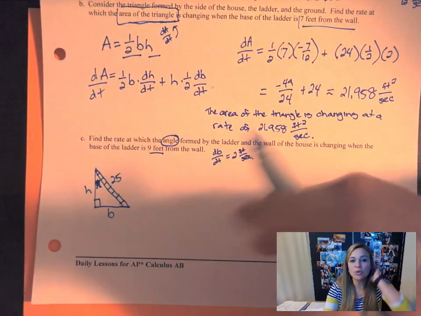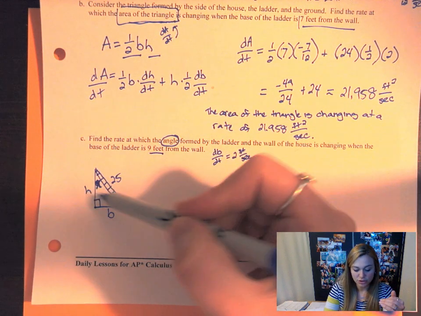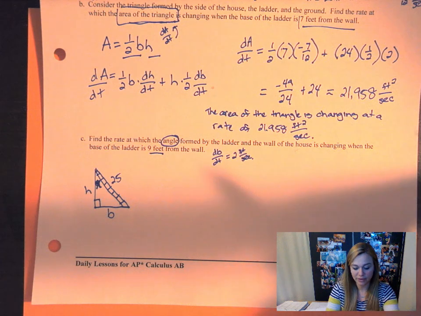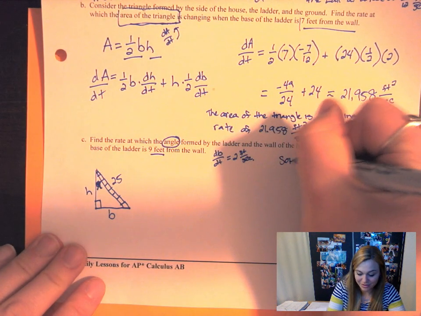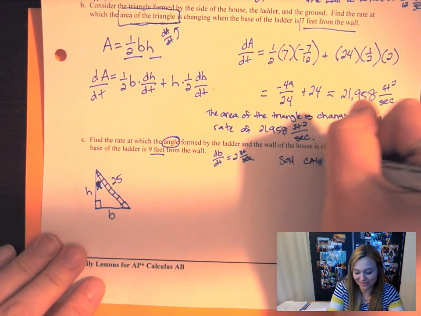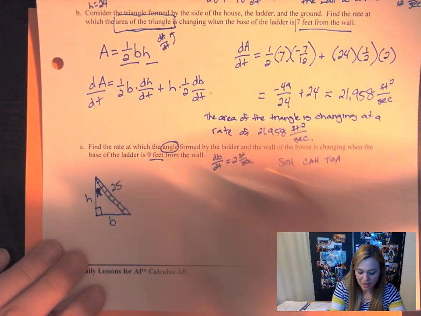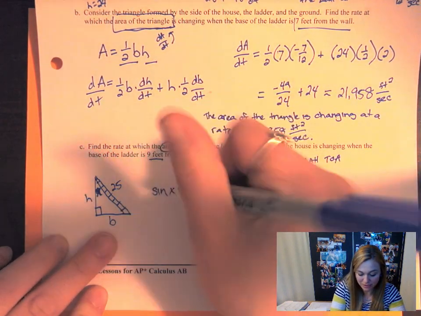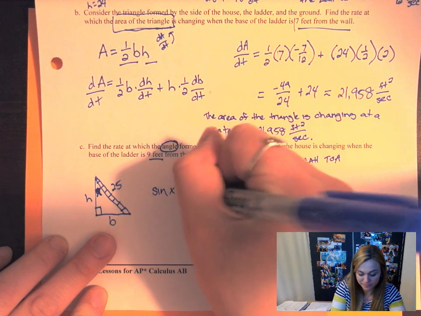I need some equation that's going to relate this angle and something with the sides of the triangle. So, SOHCAHTOA. I can either say sine of x is equal to opposite over hypotenuse, so b over 25.